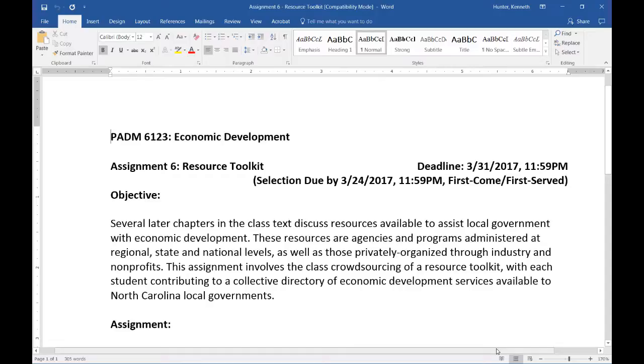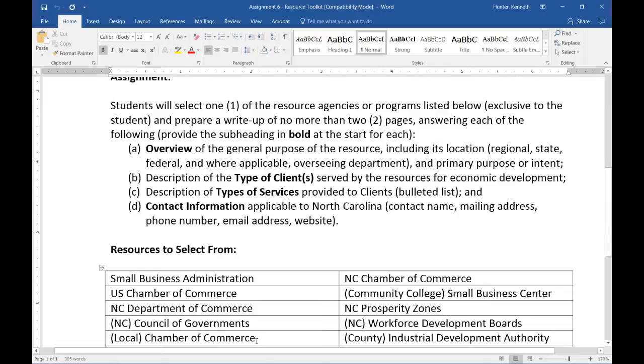I've picked 30 resources that I believe would be beneficial for you to know and to access, if you were working for a local government in North Carolina, city, municipal, or any other entity in North Carolina, possibly with respect to information. So your assignment is going to be to write up a simple, no more than 2 pages. I'm going to be very strict about this. No more than 2 pages.